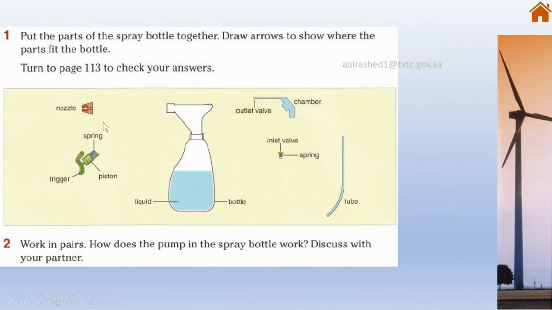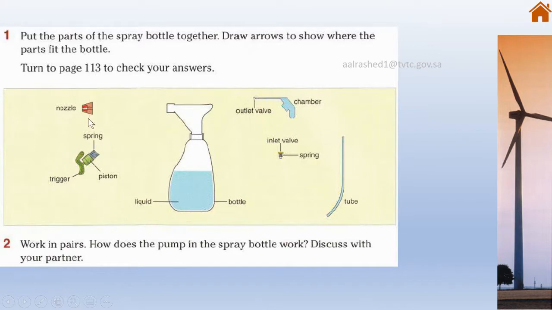If I assemble them, then we will have a full spray bottle. Now we will talk about its parts. If we disassemble them, what are the parts of the spray bottle? Let's start from the first one, the nozzle. This is the nozzle.